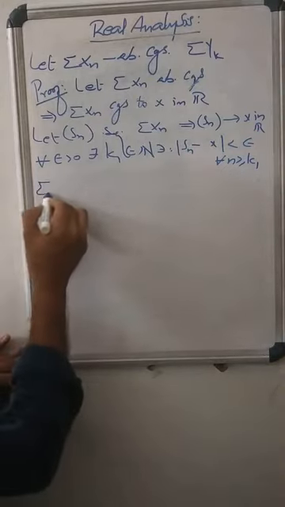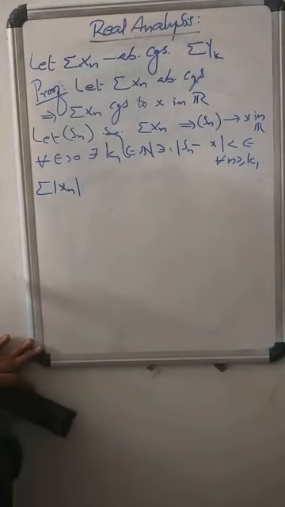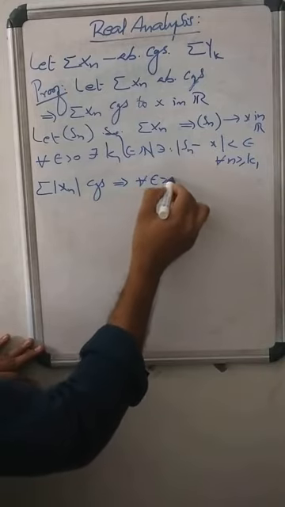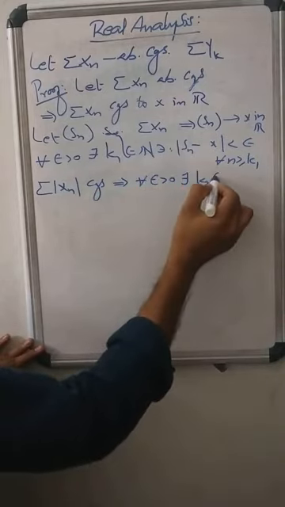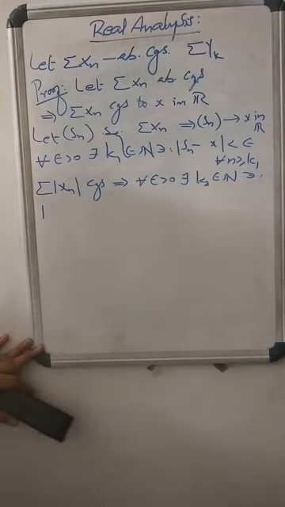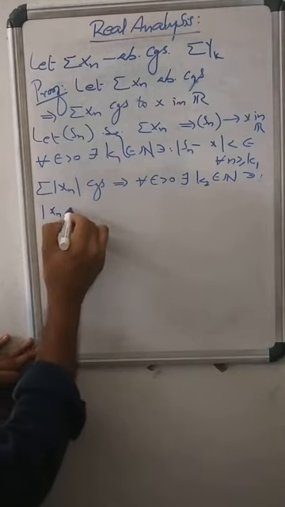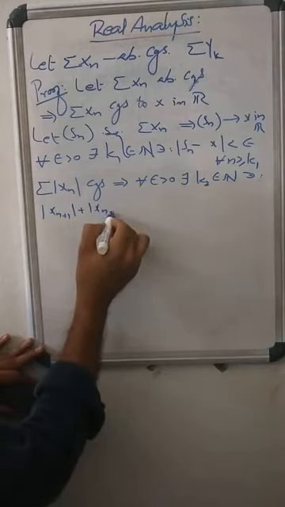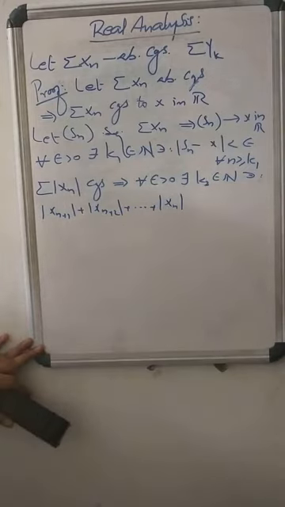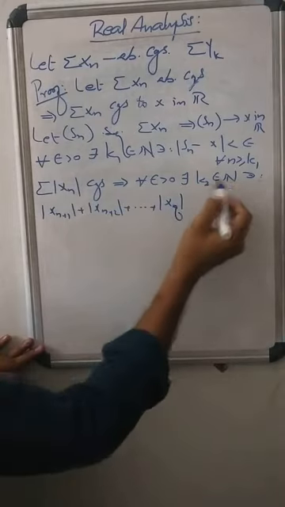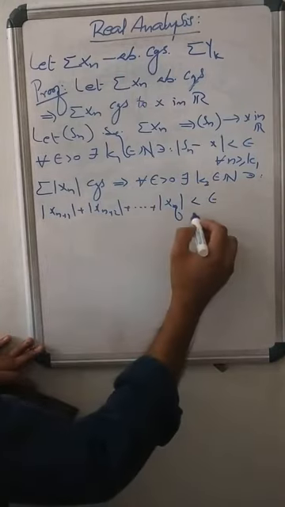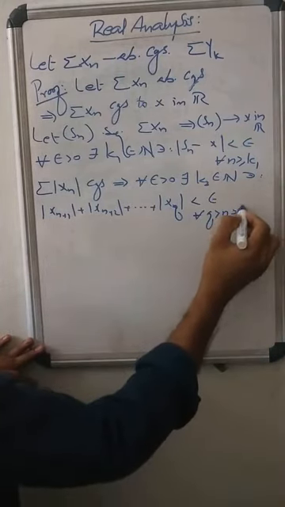Again, sigma mod xn converges, because of the absolute convergence. That implies for all epsilon positive, there exists k2 in N such that modulus of x(n+1) plus modulus of x(n+2) plus etc. plus modulus of xq is strictly less than epsilon for all q greater than n greater than or equal to k2.